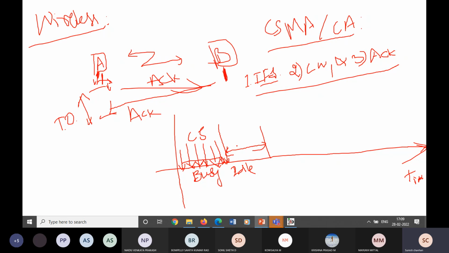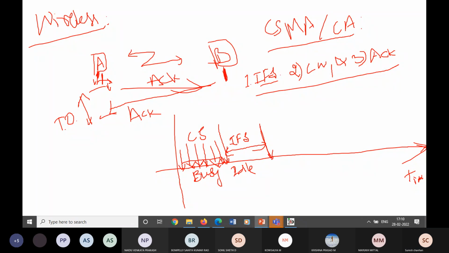This period of time is what I'm calling the interframe space, IFS. It has its own formula to calculate exactly the length of this time period for the IFS. Then again it will sense.